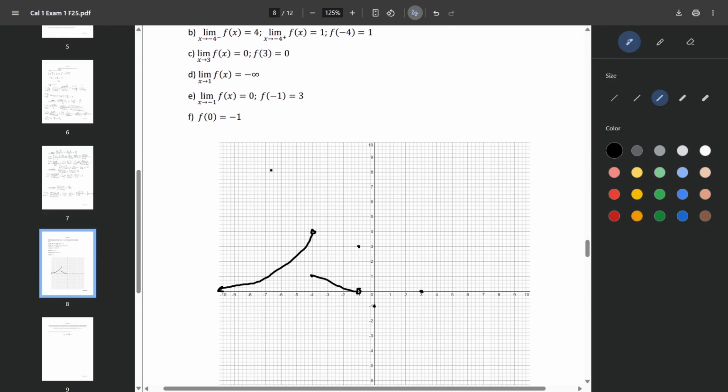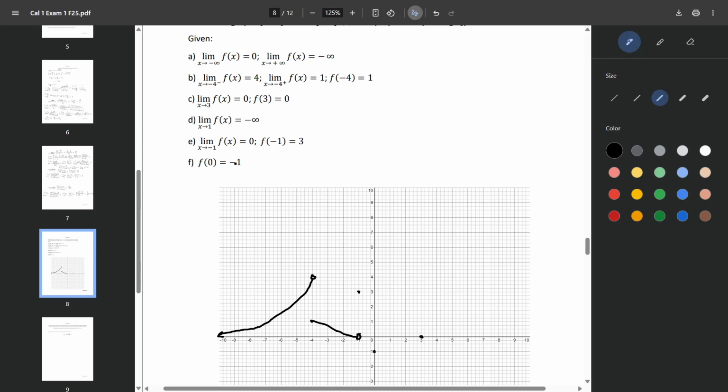So then, the next step. D is that as x approaches 1, f of x equals -infinity.